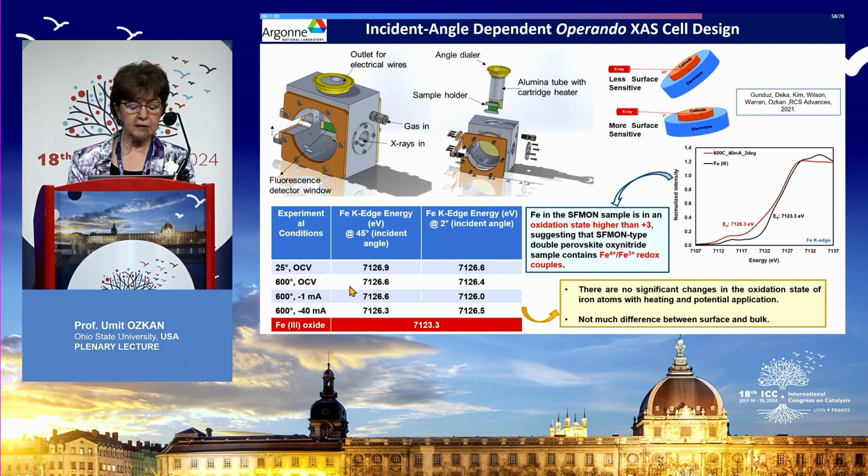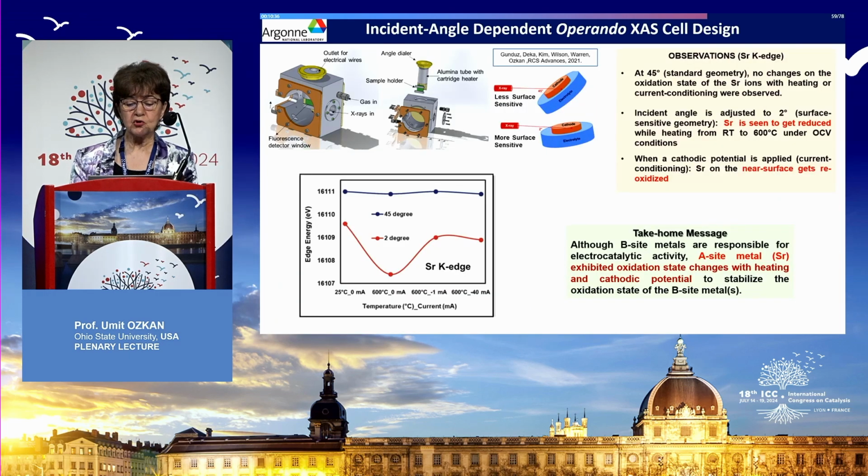And if we look at the effect of incident angle, there isn't really much change when we're looking at the iron signal, and not much change whether we're looking at the bulk or the surface. And also the oxidation state of iron, whether we're heating it or applying a potential, is not really changing much.